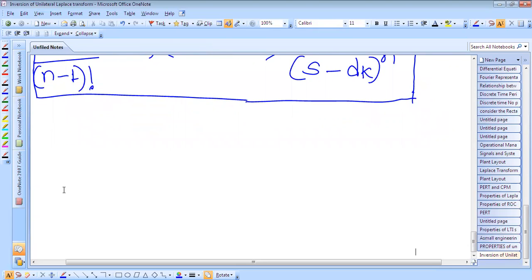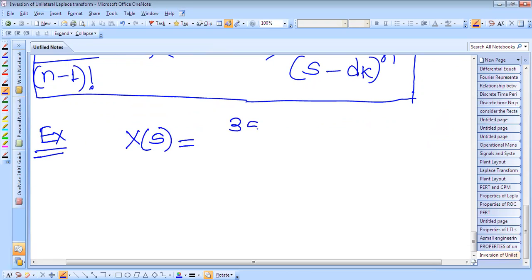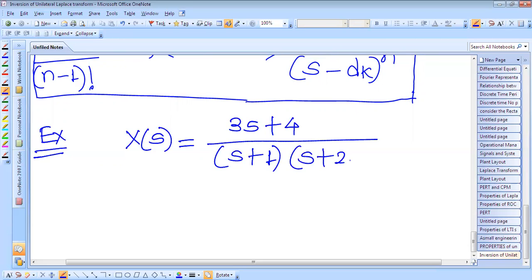So we'll consider one example. X of s is equal to (3s plus 4) divided by (s plus 1) into (s plus 2) square.